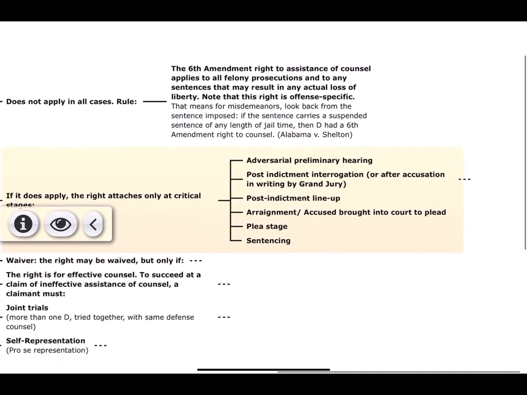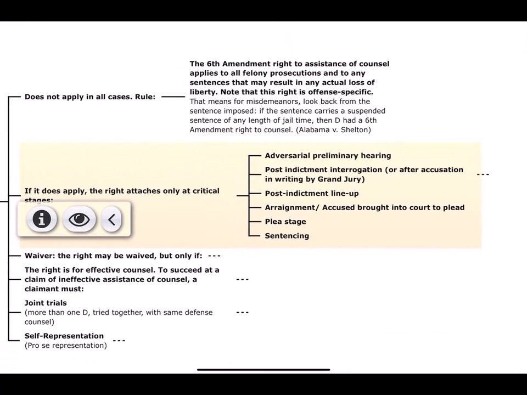It attaches only at critical stages. In adversarial preliminary hearings, in post-indictment interrogation, or after an accusation in writing by the grand jury, in a post-indictment lineup, in an arraignment where the accused is brought into court, at the plea stage, at sentencing. He had a right to counsel, but we know that that right doesn't apply to a photo showing.